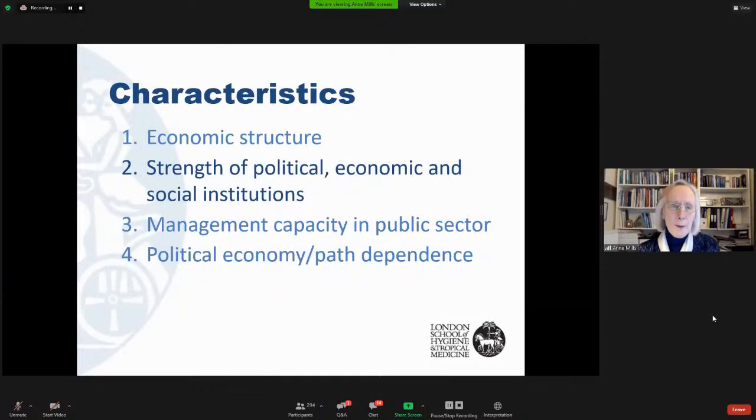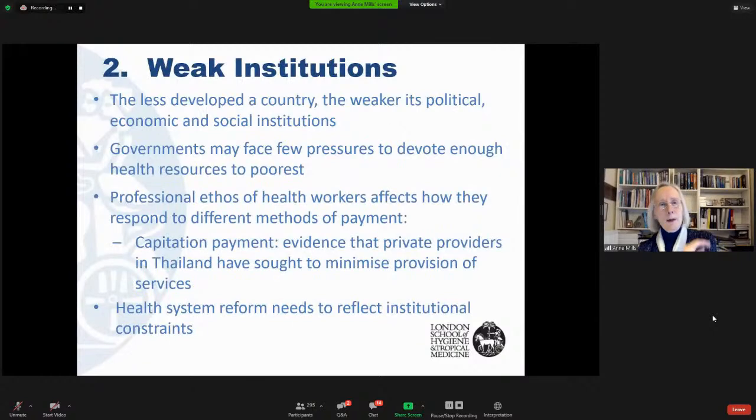So a bit more briefly on the three other features, my second country characteristic was the strength of political, economic and social institutions. I suppose by definition, the less developed a country, the weaker are its political, economic and social institutions. For example, governments may face fewer pressures than in a more open society to devote enough health resources to the poorest. There may be issues about the professional ethos of health workers.